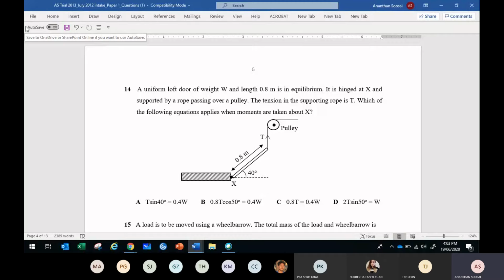It is hinged at X and supported by a rope passing over a pulley. The tension in the supporting rope is T. Which of the following equations applies when moments are taken about X?